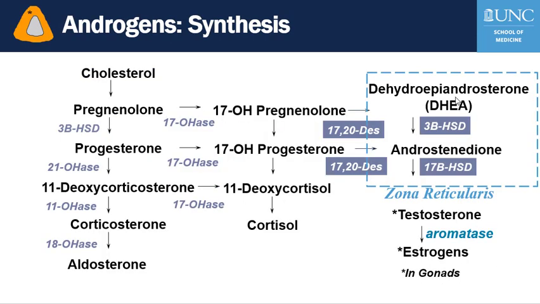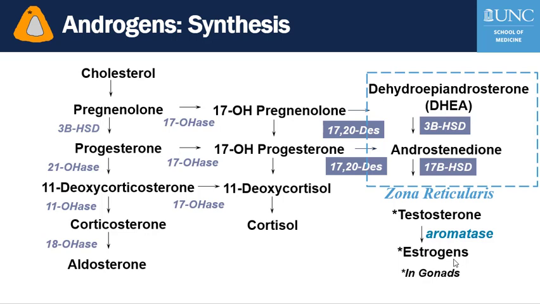The third hormone from the adrenal cortex is actually a set of hormones, the androgens, which are produced in the zona reticularis, or the deepest layer of the adrenal cortex. And again, the enzymes necessary for making these androgens, known as DHEA and androstenedione, are specifically present in the zona reticularis.